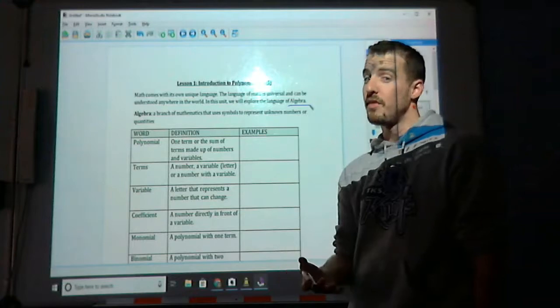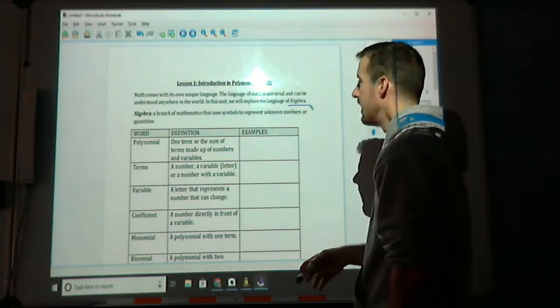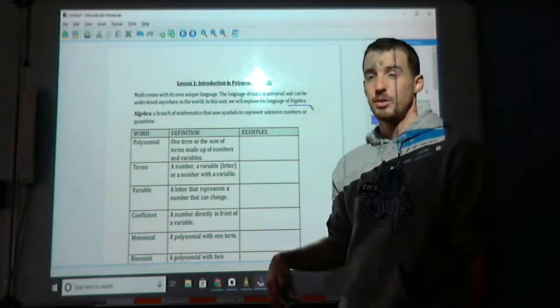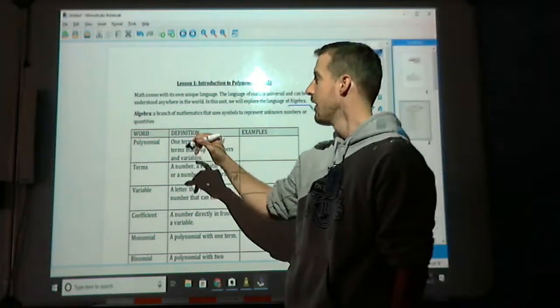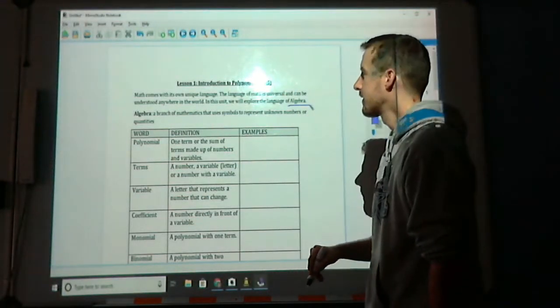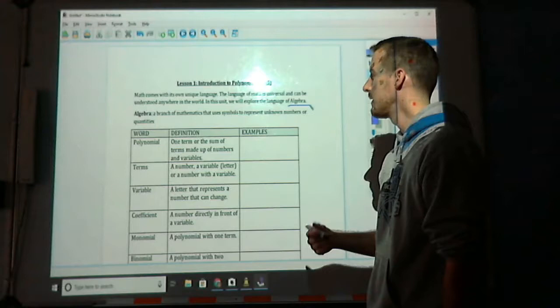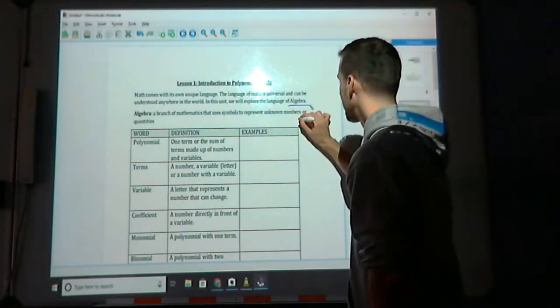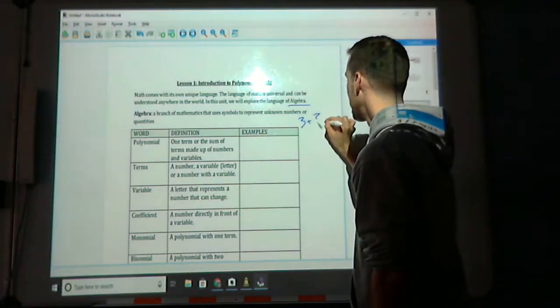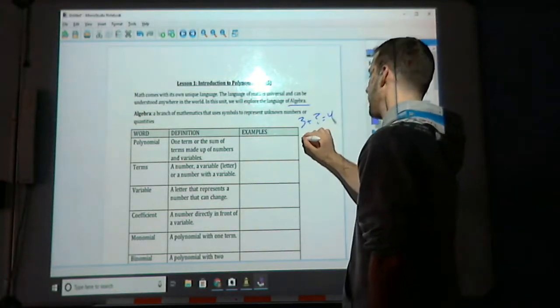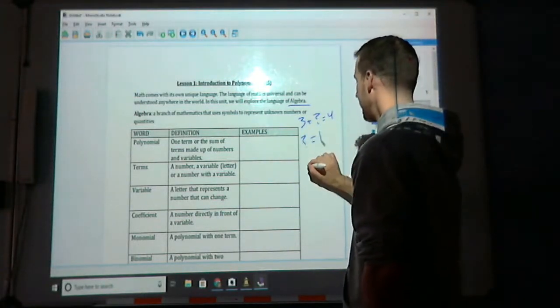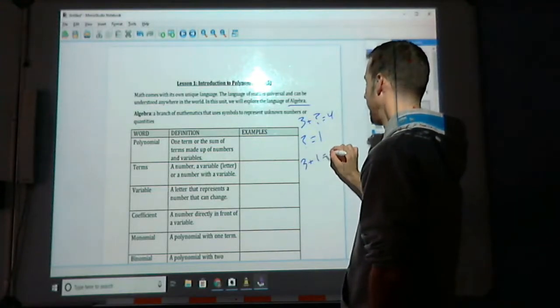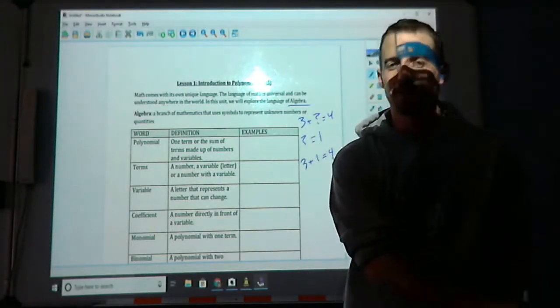So you've definitely heard of algebra before, I'm sure, and you've already used it, whether you even realize it or not, okay? So algebra is a branch of mathematics that uses symbols to represent unknown numbers or quantities. And so you've probably done something like 3 plus question mark equals 4, and you're all like, oh, the question mark equals 1, so then it's 3 plus 1 equals 4. You just did algebra. Congratulations.